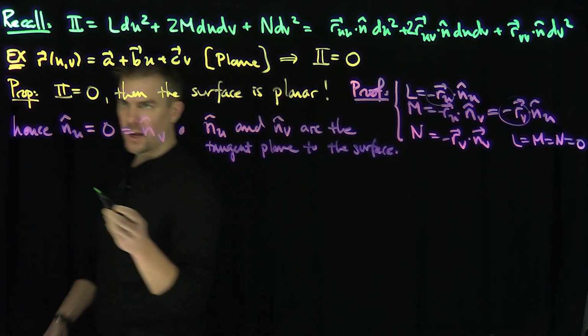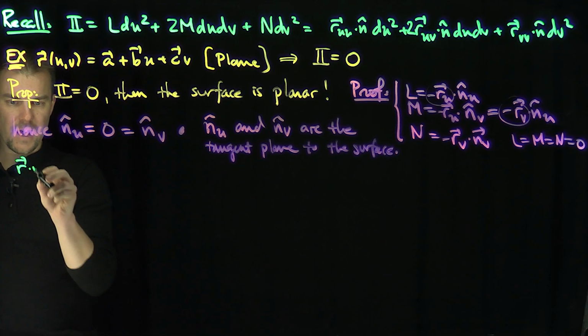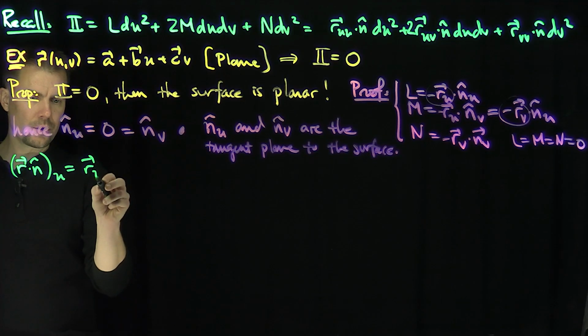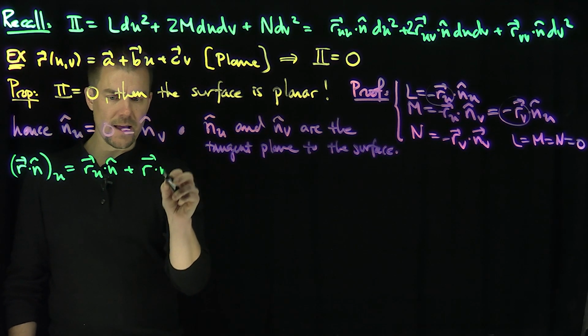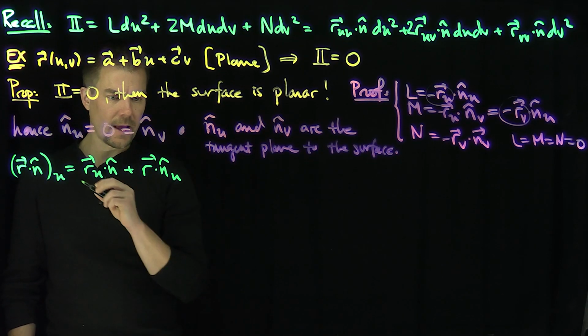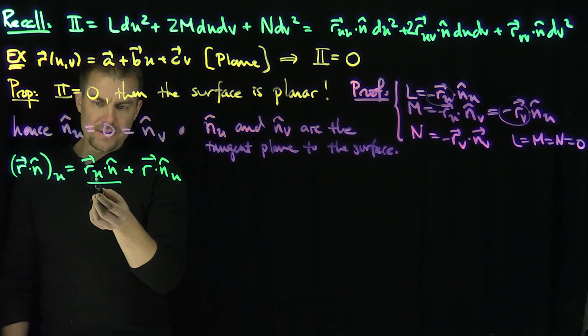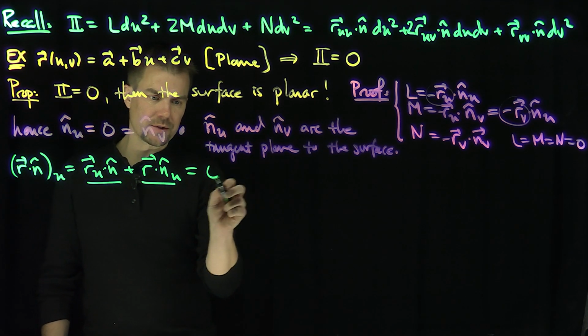Now from this, what can we say? Hence, let's look at r dot n hat and take the u derivative of it: r_u dot n hat plus r dot n hat_u. Of course r_u dot n hat is equal to 0 because that's a tangent vector and that's a normal vector, and we just proved that n hat_u is equal to 0, so this is 0.